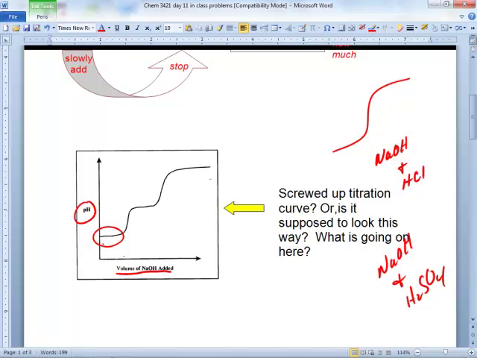What's the name of a solution that doesn't change pH when you keep adding acid or base? It's a buffer. We haven't talked about buffers yet. But this is a perfect definition of a buffer. Look at all the base we're adding. It's not changing pH. And we're going to see that's really what's happening. You keep adding more and more base, more and more titrant, and the pH isn't changing. What's reacting with the base?